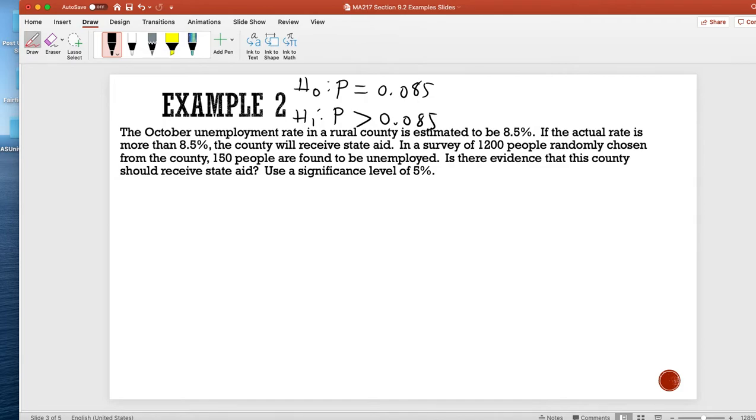And based upon this, we know that the mean of our sampling distribution of p hat is going to be equal to 0.085.